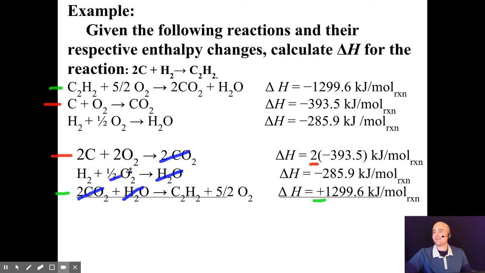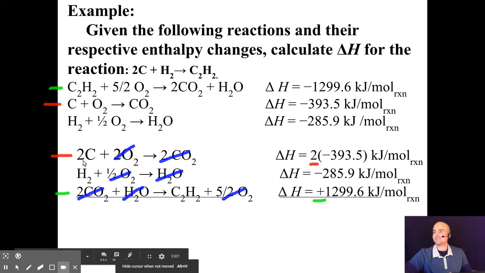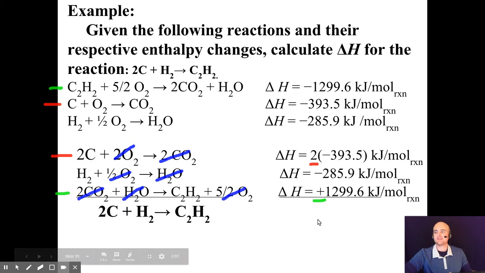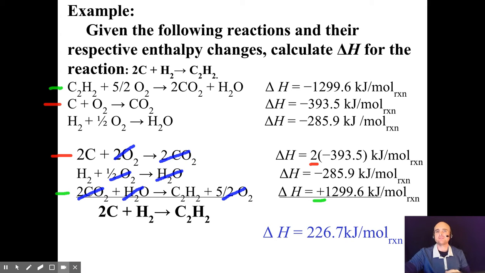And there are 5 halves of oxygen on the left and 5 halves of oxygen on the right. So what I end up with is 2C plus H2 yields C2H2. Now all I have to do is type those into the calculator and type in the sum, and I get 226.7 kilojoules per mole.